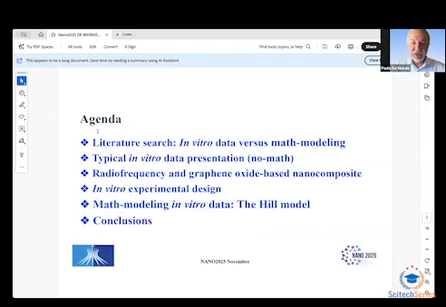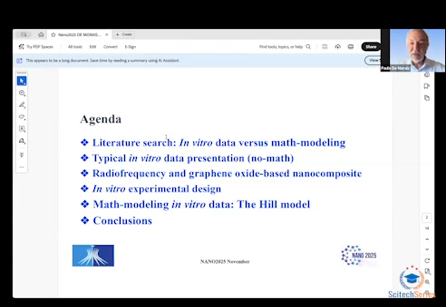So here is my agenda for today. I will present to you... Actually, my talk has to do not only with the presentation of nanocomposites and radiofrequency, but also with some in vitro assays. Therefore, to understand better the in vitro results, I will be using a mathematical model.